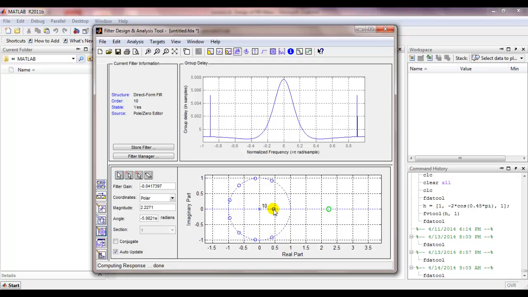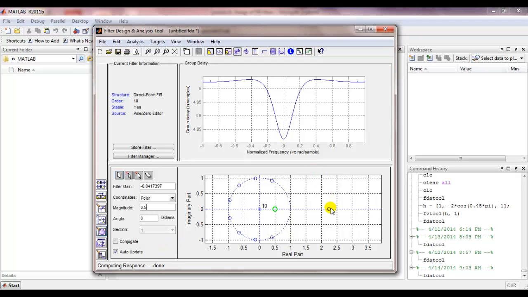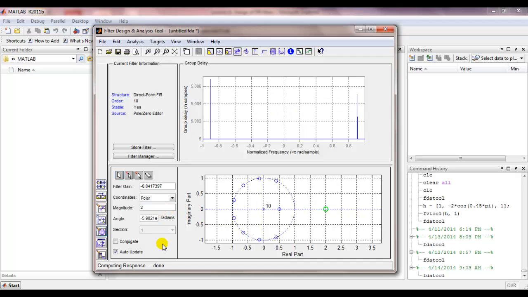Okay. So let's make this simple. Let's make this 0.5. Okay. This is my group delay. And you see that the reciprocal of 0.5 should be 2. It is at 2.2271. So if I could move this 0 to the location of 2, I will satisfy the linear phase condition and my group delay will become constant again.